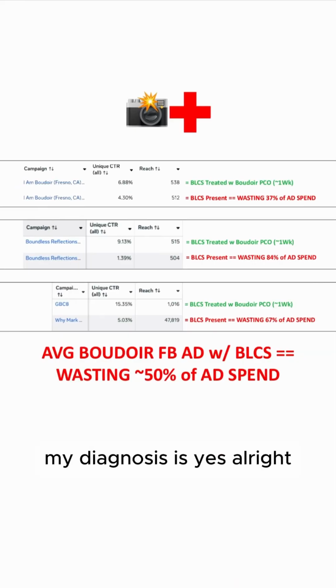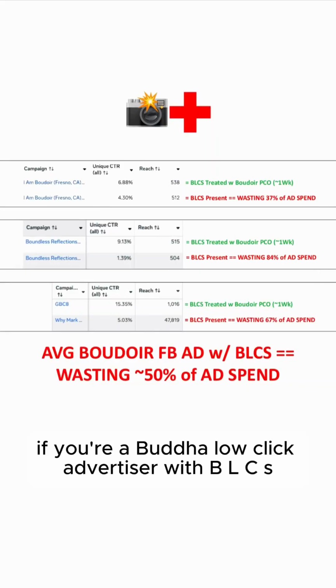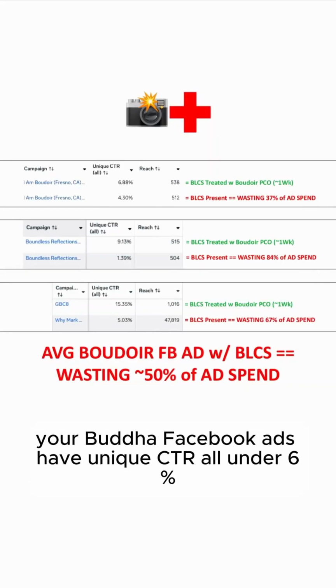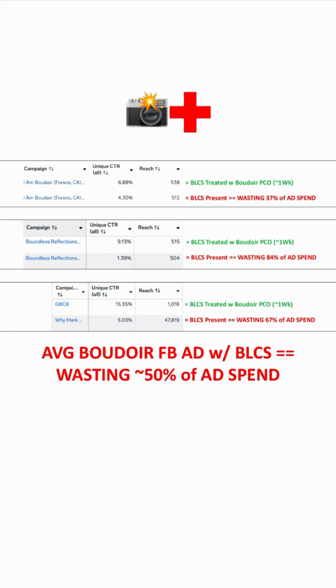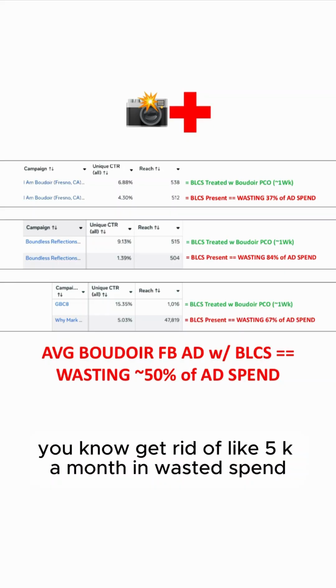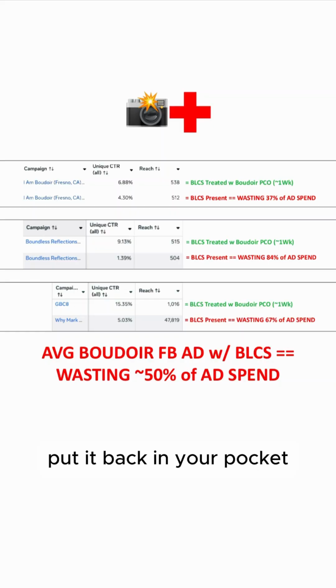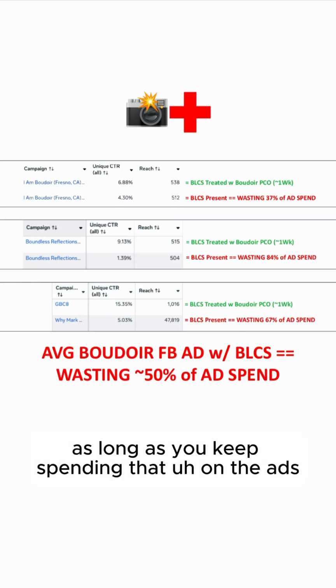All right, so if you're a BLCA with BLCS, a Boudoir low click advertiser, your Boudoir Facebook ads have a unique CTRL under 6%, and you're spending more than 10 grand a month on Boudoir Facebook ads, and you want to eliminate approximately 5K a month in wasted spend and put it back in your pocket, that'd be an approximate 5K bonus per month, as long as you keep spending that on the ads.